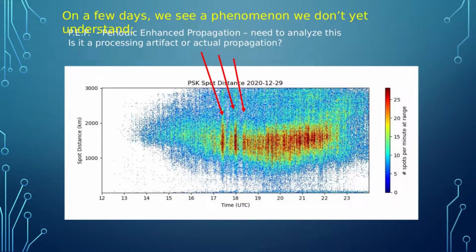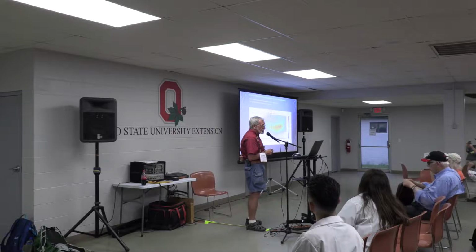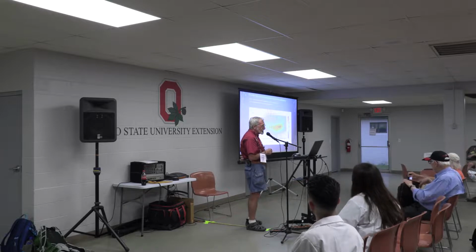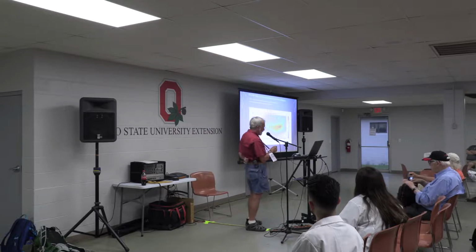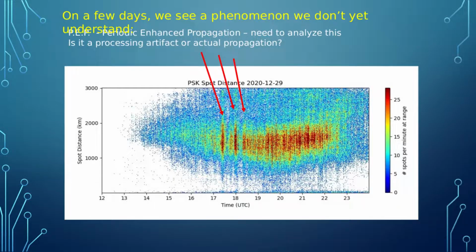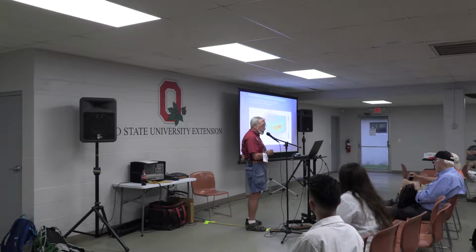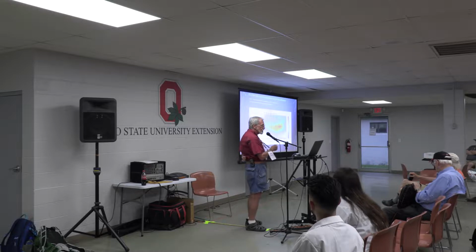Don't know if this is just an artifact of processing or if it's actual enhancement, as though a wave of higher density was coming through at a regular interval. See there, and sometimes you see these lines. So this is kind of irrelevant to what I'm talking about, but it's something interesting showing up that we intend to look into.